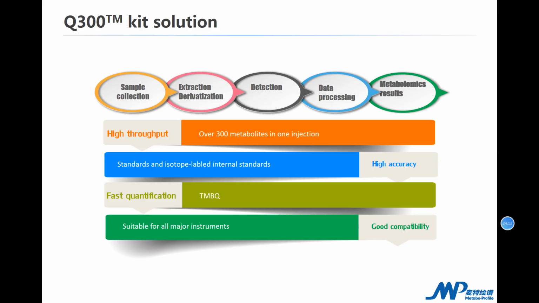In conclusion, Q300 kits is a good method for large-scale clinical research. It's high throughput, accurate, fast, and has good compatibility. Sample processing is highly automatic. Over 300 metabolites can be quantified in one injection.